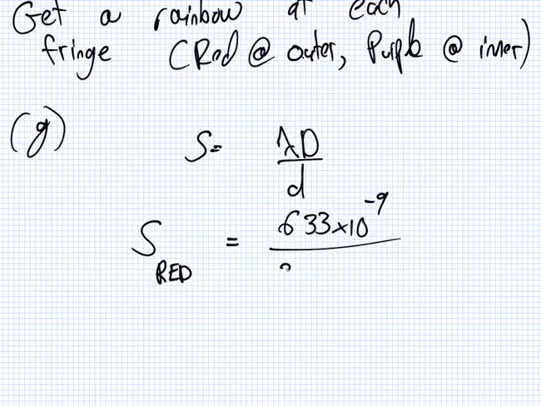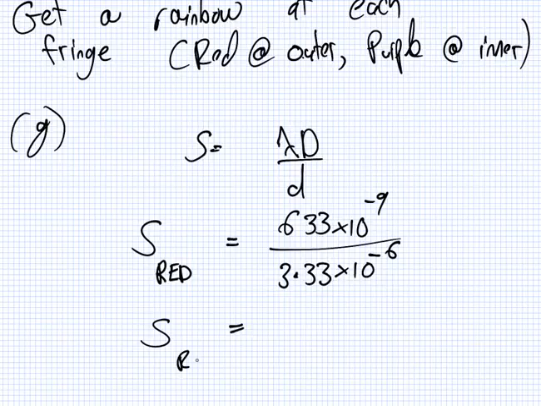Then this one here gets smaller. The lambda here is smaller than the lambda here. So this is why the angles are a little bit different, because the wavelengths are a little bit different, which means the colours will be in slightly different places on the screen.